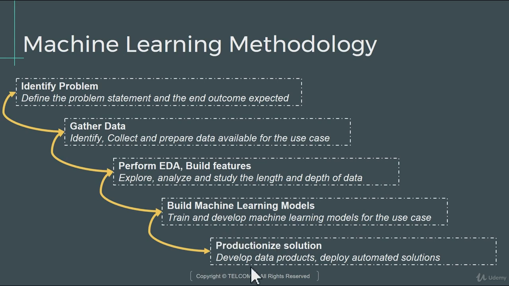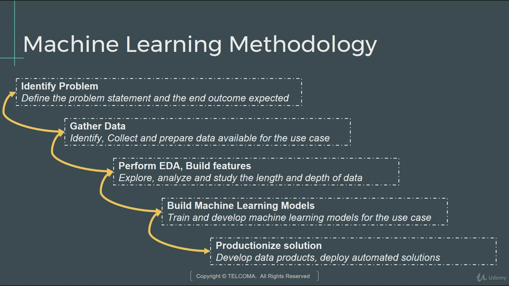So productionizing will be different in different scenarios. So coming back to the same example which we have been discussing, let's say we are solving the problem for a retail chain, where the high level problem is sales are going down. And a specific problem within this scenario would be customers are churning out.